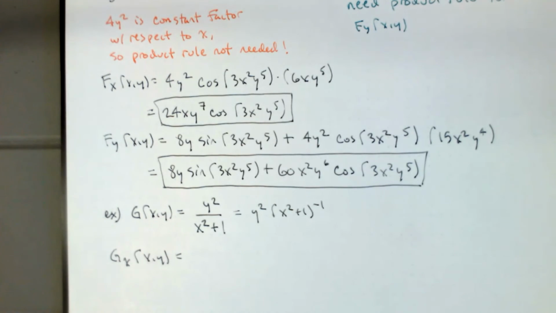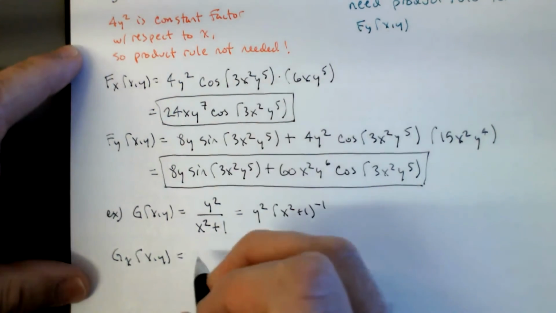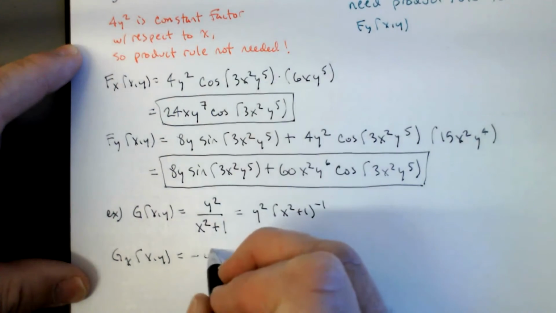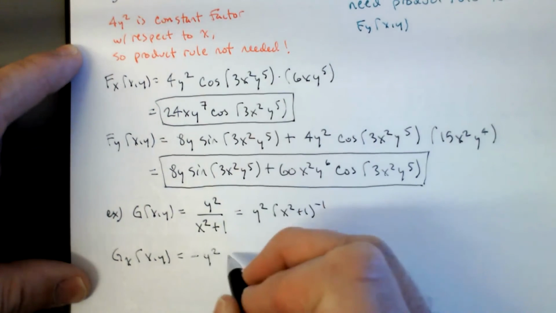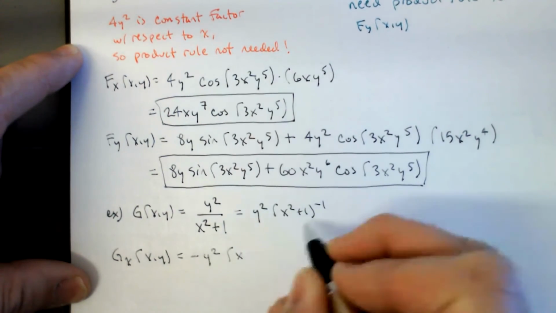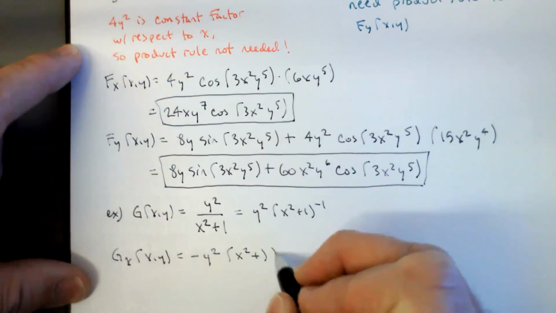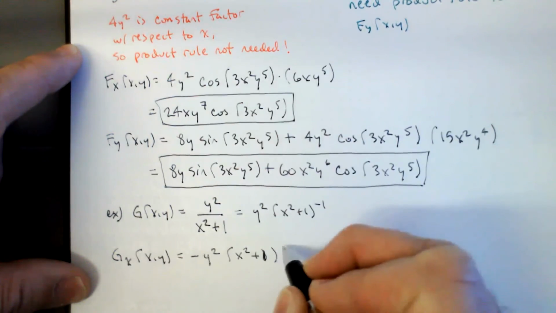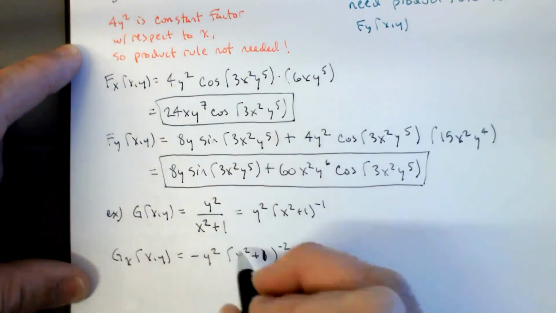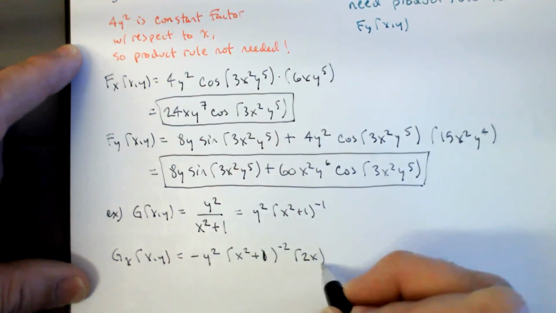It's minus y squared times x squared plus 1 to the negative 2, times the derivative of the inside, which is always in effect of the chain rule. Y squared is just constant with respect to x. The derivative of something to the negative 1 power is that thing to the negative 2, times the derivative of the inside, which is 2x.